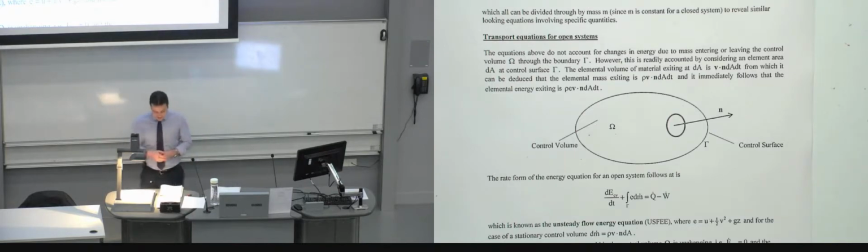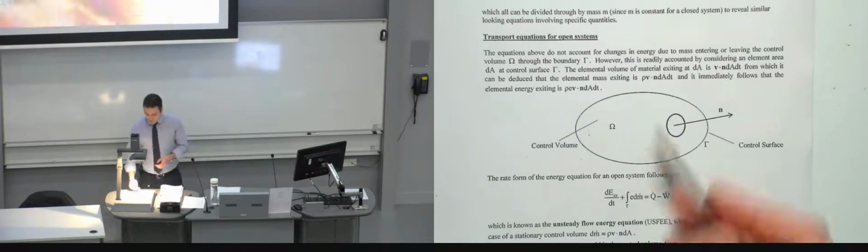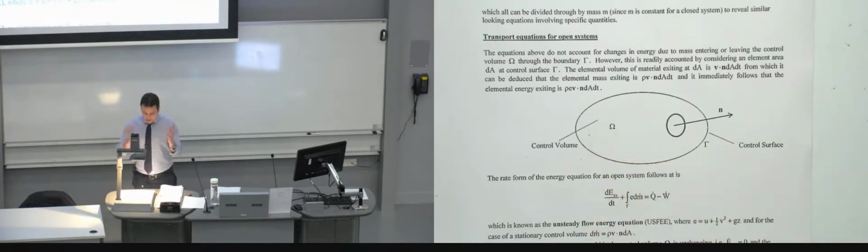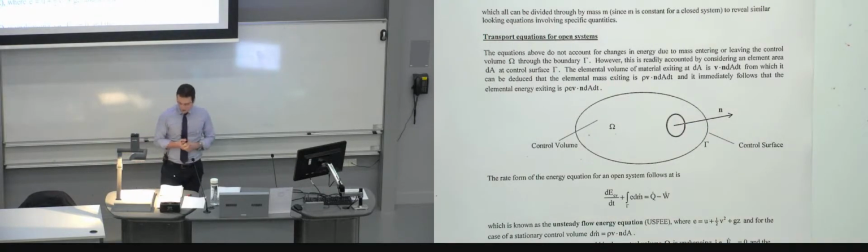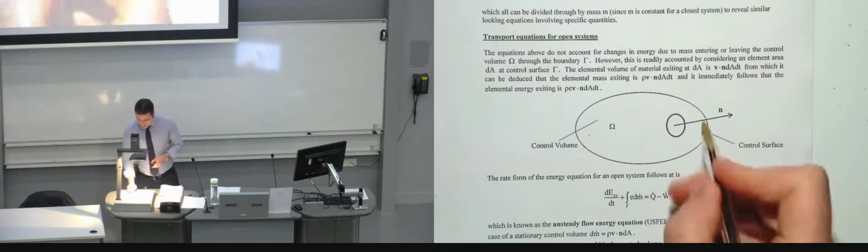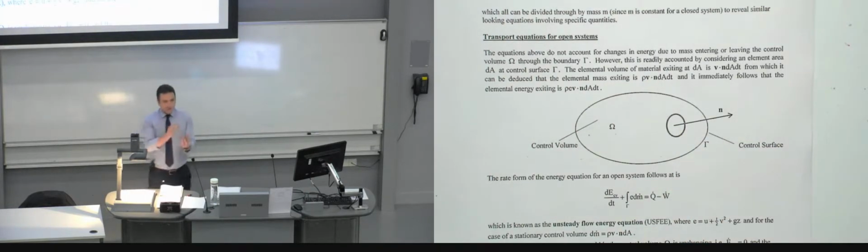Imagine that this could be a balloon, for example, and this could be a small opening within this balloon. If you had a pressurized balloon, and some air is now moving out of this container, let's draw this n, which is the normal vector to the direction.